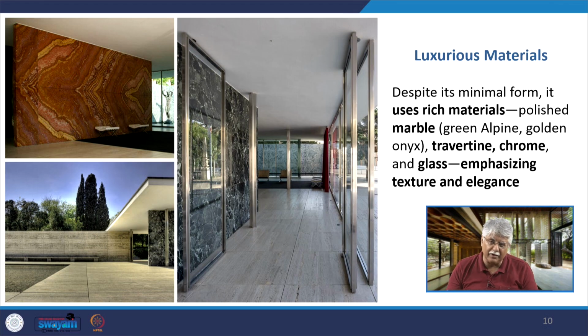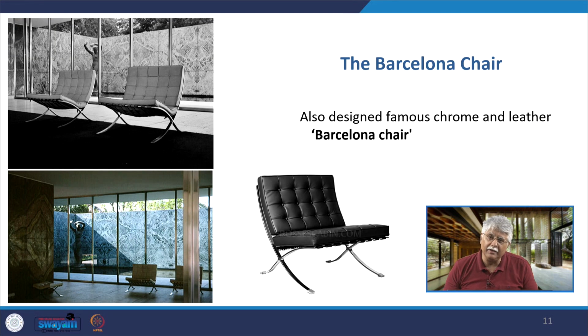Like I told you earlier, he uses very rich and expensive materials like polished marble, green alpine, golden onyx, travertine, chrome and glass, emphasizing both texture and elegance in this building. So the building is minimal, but its materials are very high-end, with a very sleek and polished appearance.